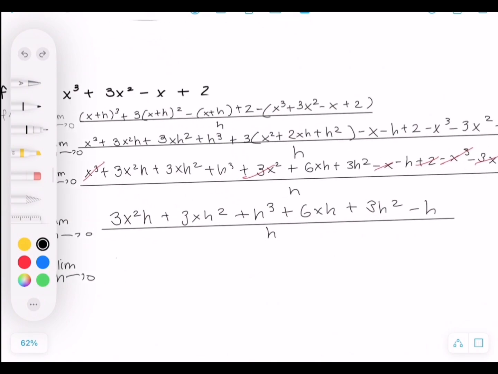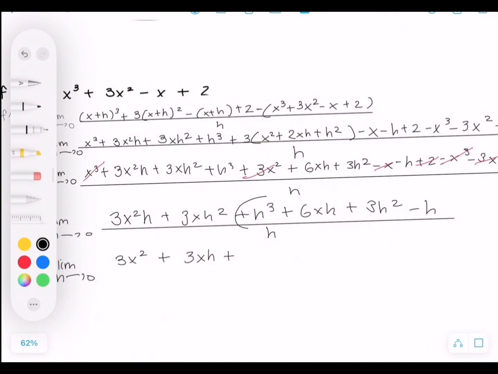So 3x squared h divided by h, that will give you a 3x squared plus 3xh squared divided by h, you will get 3xh. We're just gonna subtract the exponents.